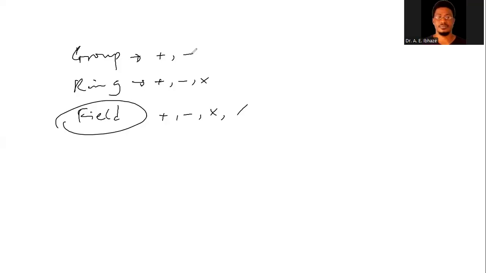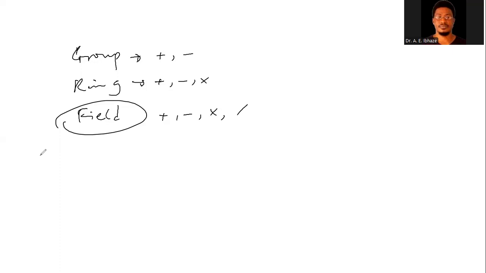Yes, sir. So now, but what if we have a group? We now say that a group is a set of elements also. A ring is also a set of elements. Now, a field is equally a set of elements.